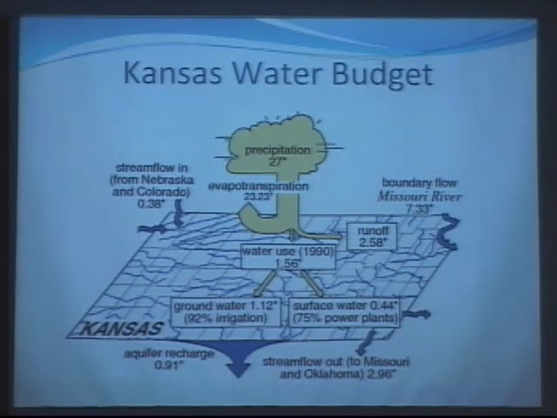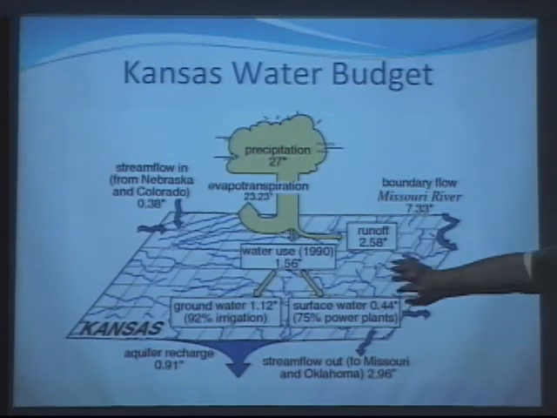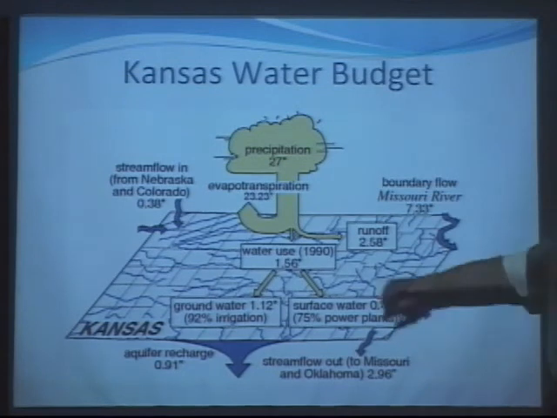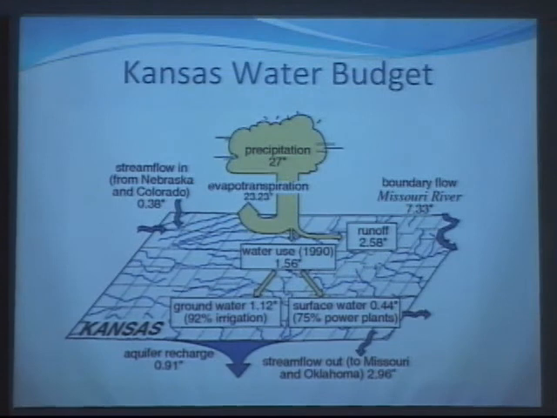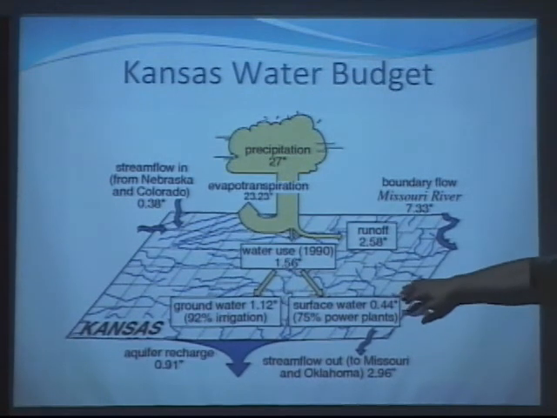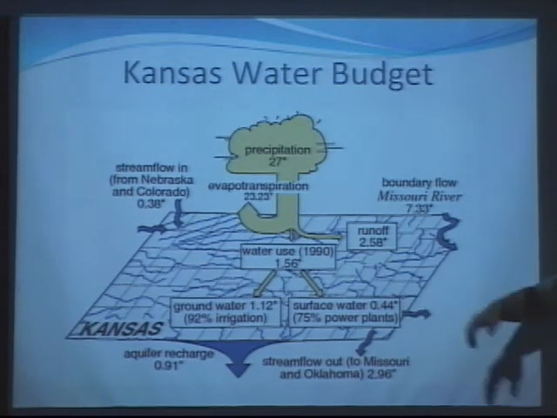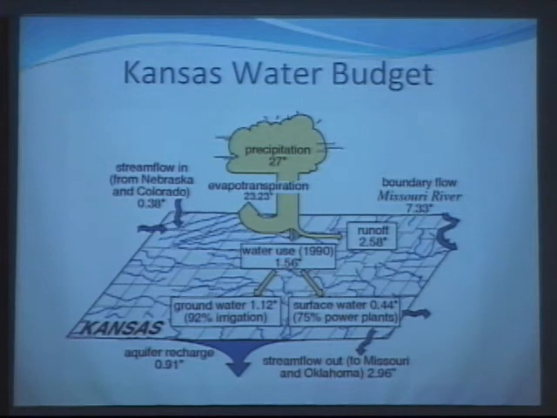Okay, this graphic shows the state of Kansas, and the biggest input is precipitation, so around 27 inches as an average over the state. Now, down in the southeast, it'll be above 40 inches in an average year. Out near the Colorado border, it may be more like 15 or 16 inches.